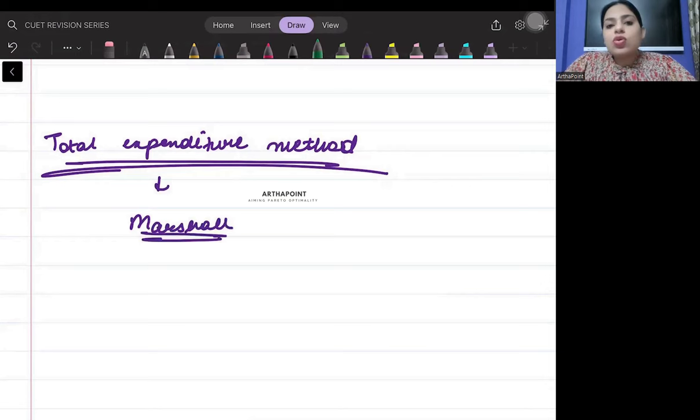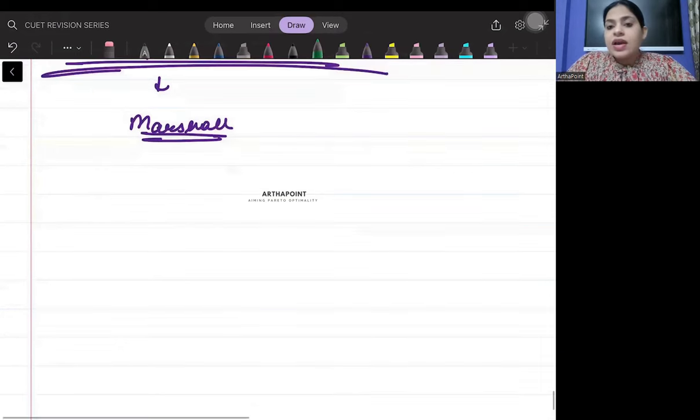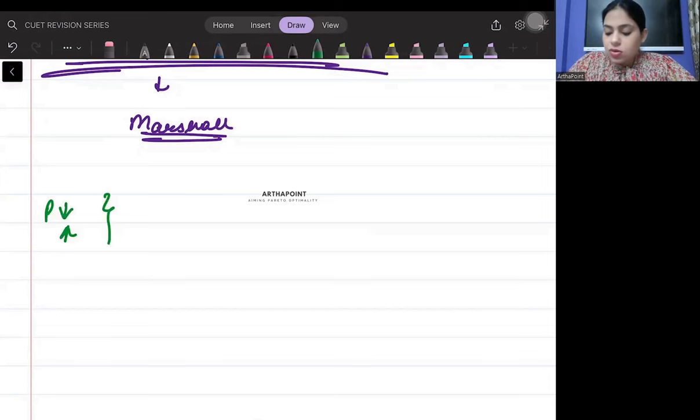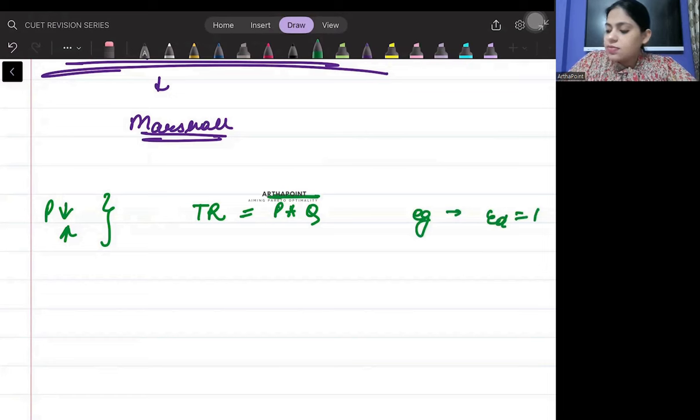And according to total expenditure method, if price and quantity, they go ahead in such a way that the expenditure is constant, price decrease हो या increase हो, पर जो expenditure है, total expenditure which is price into quantity या total revenue, अगर वो constant है, then the elasticity will be 1.